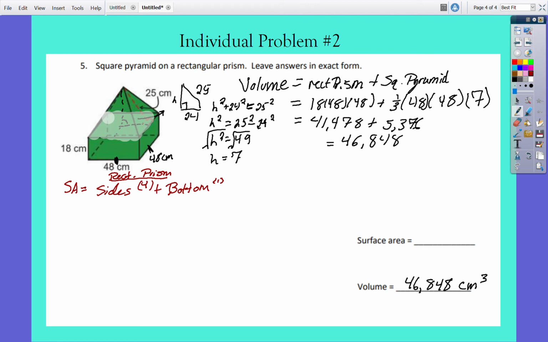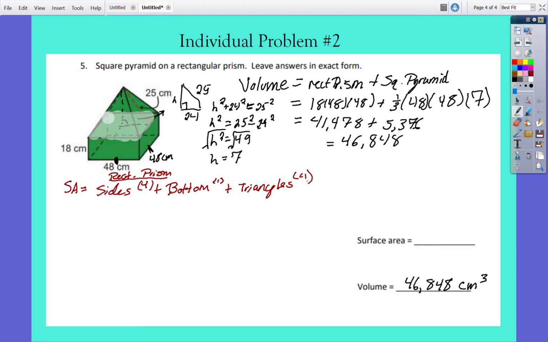Let's make sure all of these are the same. It looks like all of the bases are 48, and so all the heights should still be 25, all those nice slant heights. This is where we use that slant height, because that's the height lying on that triangle. So we have 4 of the same triangles.